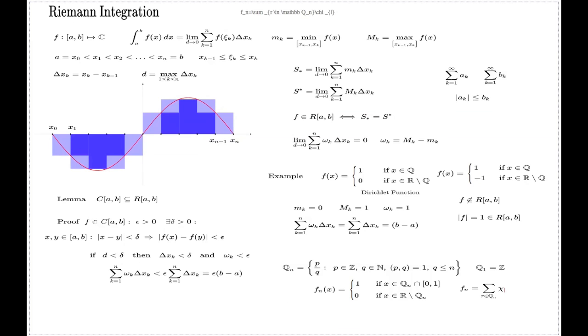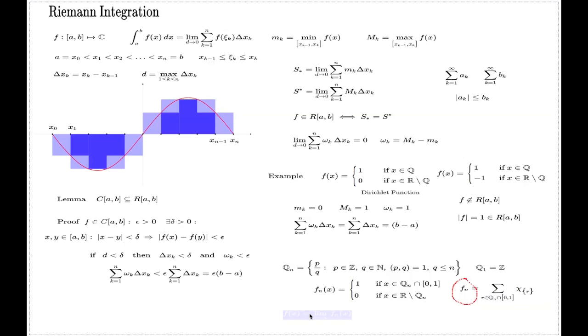In fact, f sub n can be represented as a sum of indicator functions of rational point sets, where the rational points come from this Q n set, and this is a finite sum. Each individual indicator function of a single point is Riemann integrable, so the finite sum of Riemann integrable functions is Riemann integrable. So these f n functions are Riemann integrable.